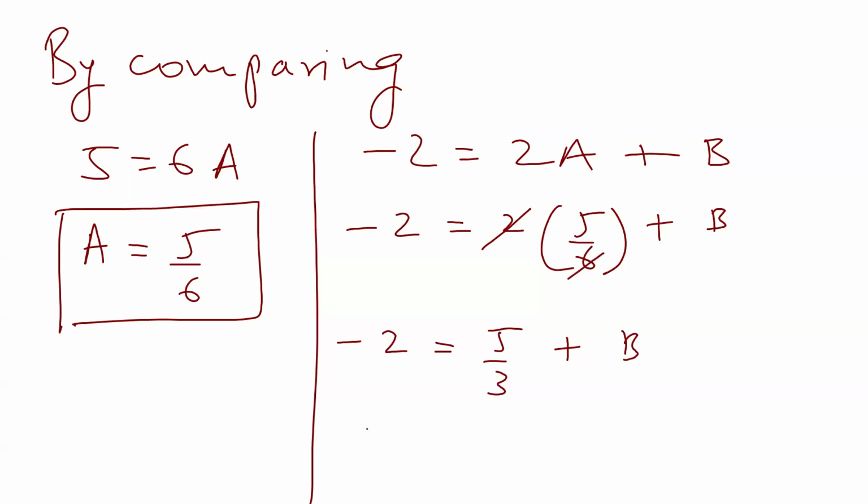And b is equal to minus 2 minus 5 by 3, which is nothing but minus 6 minus 5, that is minus 11 by 3. We got the value of b.